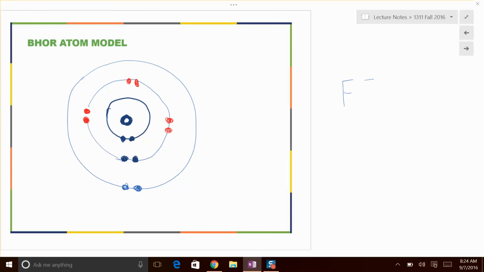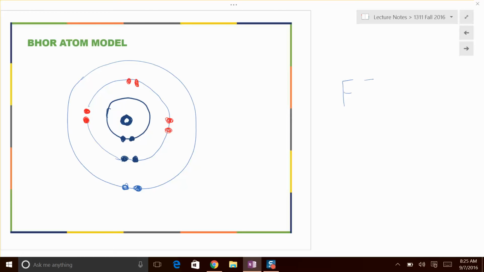How many valence electrons does magnesium have? 2. It has 2, right? How many valence electrons did sodium have before I added magnesium? 1. It had 1 electron. Magnesium has 2. Okay? These are the valence electrons.